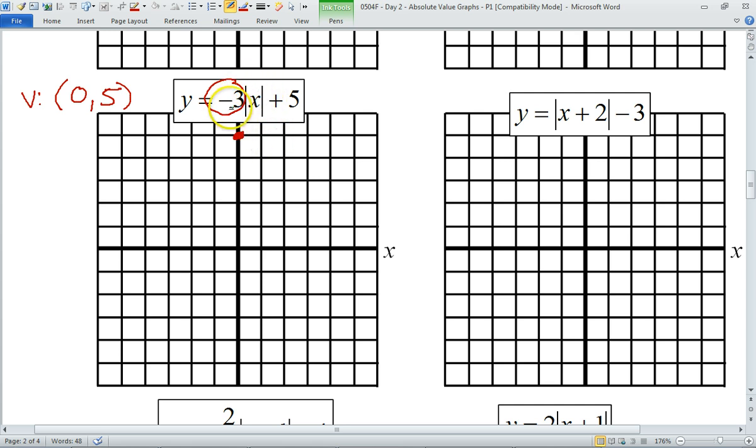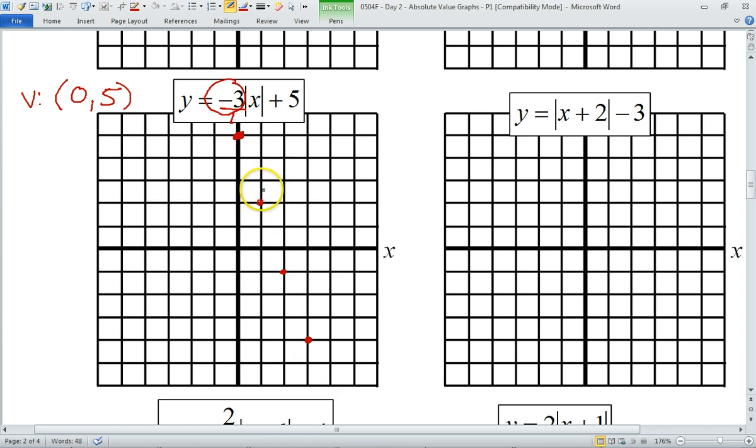So that would be like -3 over 1. So that's down 3, right 1. So from the vertex, yesterday we kept doing the y-intercept. Now we're going to always start at the vertex and go from there. But down 3 over 1, just like we did yesterday. Down 3 over 1, down 3 over 1. Okay, that gives me the right-hand side of my V shape.